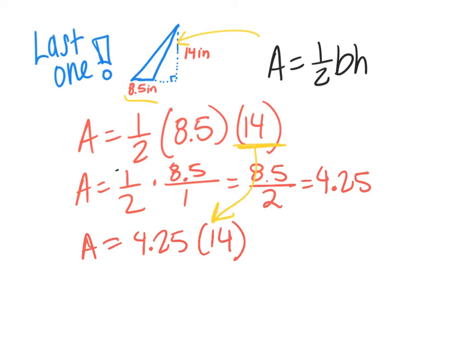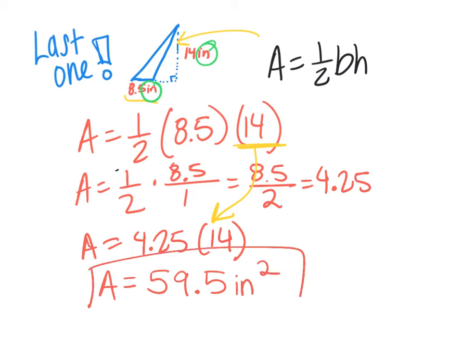I'm bringing my 14 down. Last step, multiply those two together, you get 59.5. So I'm going to put 59.5. We're using decimals in geometry. Look for my label, which is inches for my units. Inches, and square it. And there you have it.